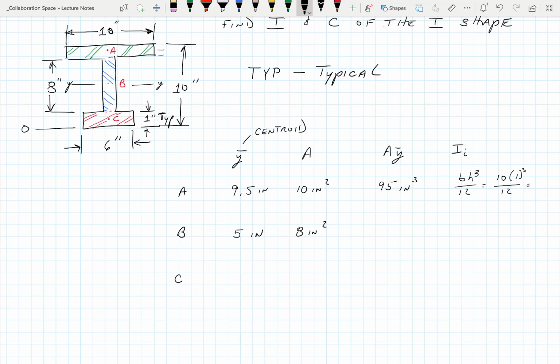And then A times y bar, 42. So 40. 40. Okay, I thought I heard you say 42. That's what I thought. 8 times 5? Yeah, 40. 40.